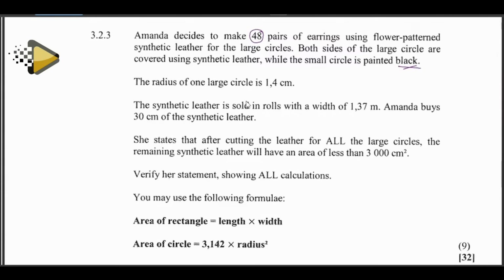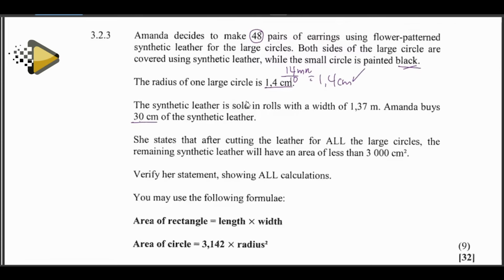The radius of one large circle, they've told us, is 1.4. Now they have changed it to centimeters. They divided it by 10, so you have 1.4 centimeters. The synthetic leather is sold in rolls of a width of 1.37 meters. Amanda buys 30 centimeters of this roll.